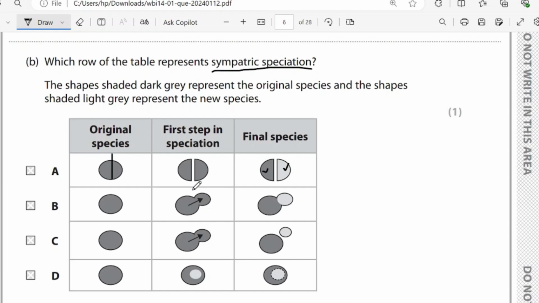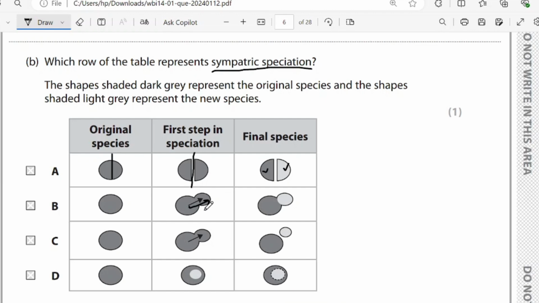But this cannot happen, as we discussed earlier, because in sympatric speciation they cannot be physically or geographically isolated, but you can see that the species were indeed isolated. So this is not the one. Here, the group of organisms are separating.